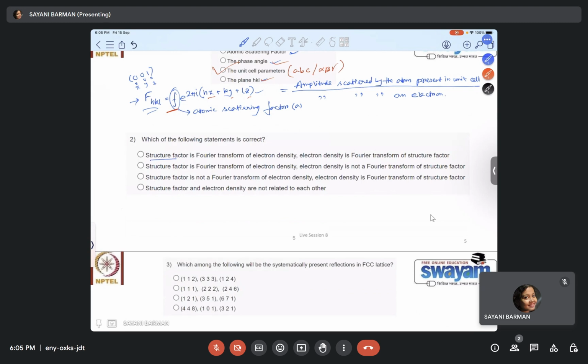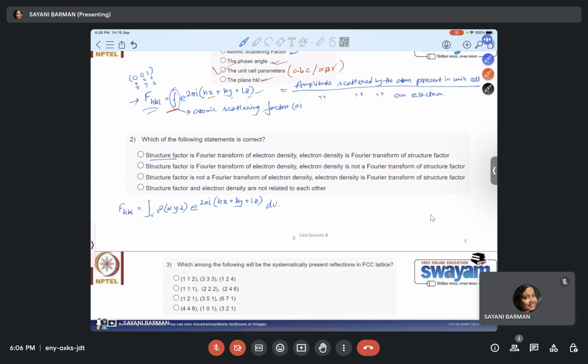So FHKL is the integration in a volume of rho xyz, this is the electron density, e to the power 2 pi i (hx plus ky plus lz), integrated over dV, like total volume, right? So the structure factor is the Fourier transform of electron density.